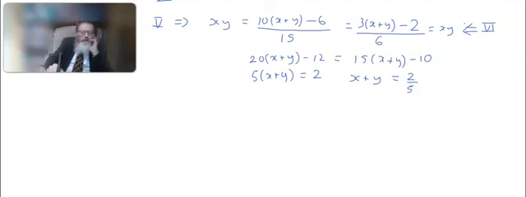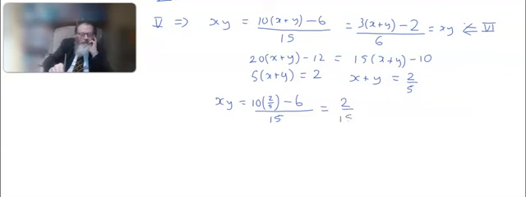And I can now find out what xy is by putting 2/5 in there. And so I've got xy equals 10 times 2/5 minus 6 over 15. And that becomes, I beg your pardon, it becomes minus 2/15.